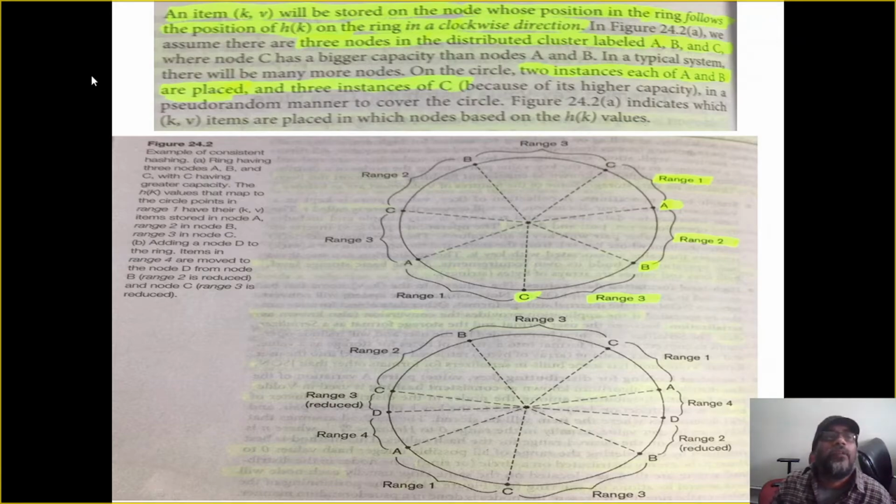So in this figure we assume there are three nodes in the distributed cluster labeled ABC, where node C has a bigger capacity than nodes A and B. In a typical system there will be many more nodes on the circle. Two instances of A and B are placed. Here A and B are two nodes and they are replications or instances. Instances means they are also nodes, a copy of. So A and B have been copied.